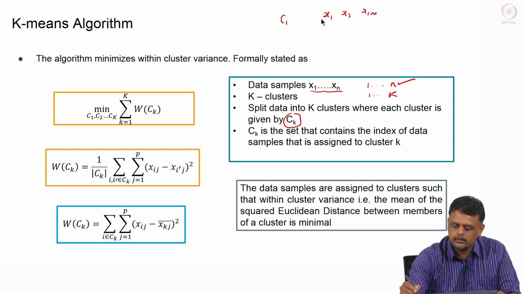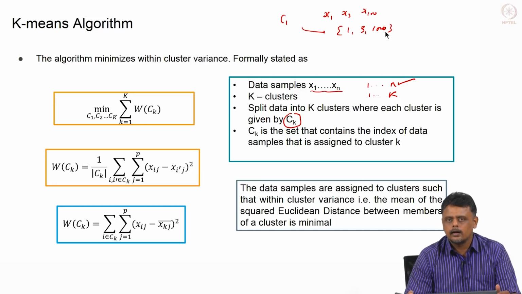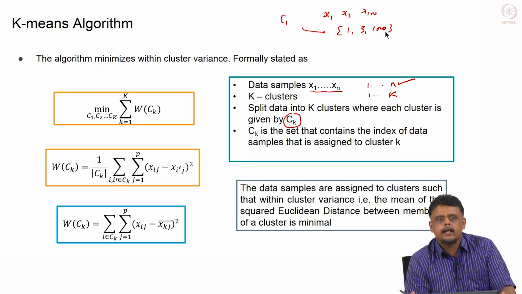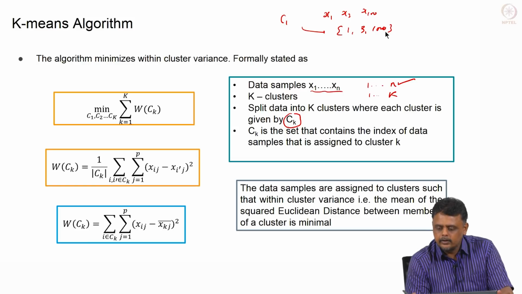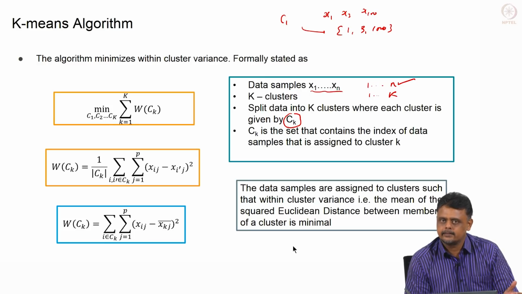Since C1 will have the indices 1, 3 and 100. Okay. So, that is how we would define Ck. So, we want to split the data into k sets, and the k sets do not have any intersection.